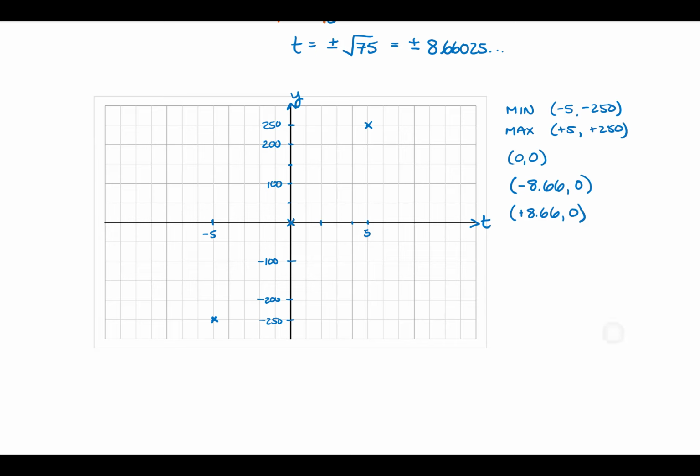And then I have these intercepts to plot out. So I have my (0, 0) over here. I've got 5 to 250 over here, -5 to -250. And then I have 8, 9, so it's probably somewhere right around here for 8.66. So that's going to give me my 8.66 there, and I've got 8, 9 over here, so it's probably somewhere right around here. That's going to give me my -8.66. And from here, it's a bit of connect the dots.